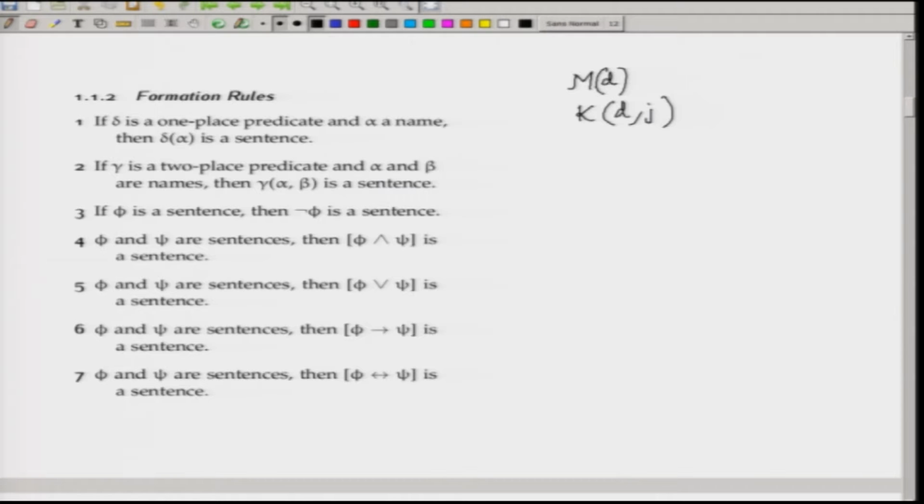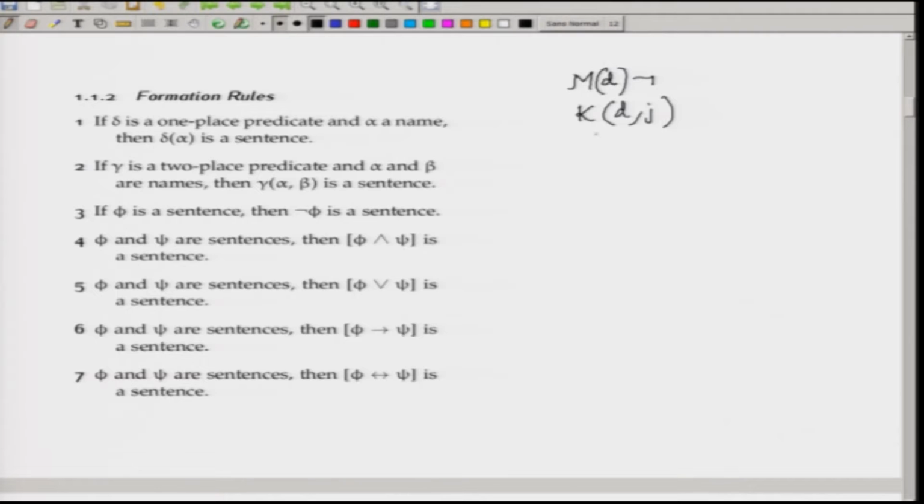So we take MD, we just add nec to it. This is a sentence. But if we want to do something like this, then this is not a sentence. If we add it here, this is a sentence, but if we added it somewhere here, then this is not a sentence, right? So that is what we need to understand.